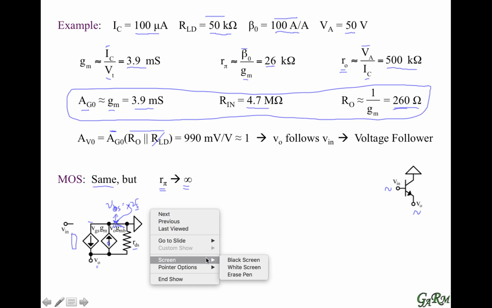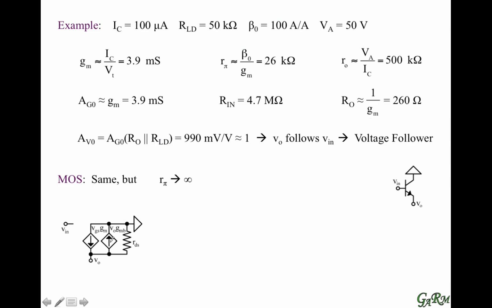So let us remove markers here so we can see the equivalent circuit. So what we're saying here is that the GMB current is actually a GMB translation of the output voltage, which is another way of saying that we can model it with a resistance whose equivalent resistance is 1 over GMB, because when we look at the current through that equivalent resistance, it is the output voltage over that equivalent resistance, which gives us the GMB translation that we had from our previous equivalent circuit.